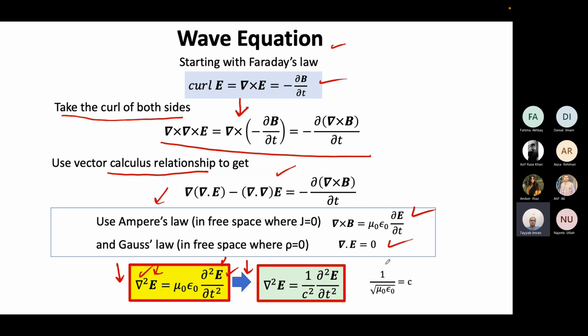And we also did some work to find out this C is equal to 1 over under root permeability times permittivity. और ये आपके पास the wave equation you get to this form. ठीक है? So wave equation, as you know that if you want to study the propagation of the waves, you need to know and you need to study the wave equation.